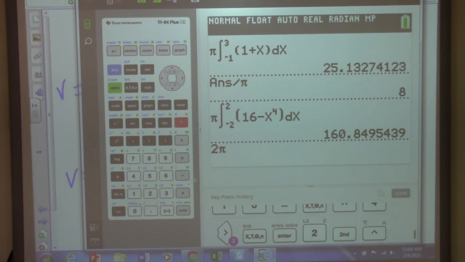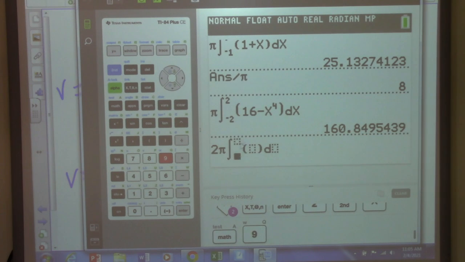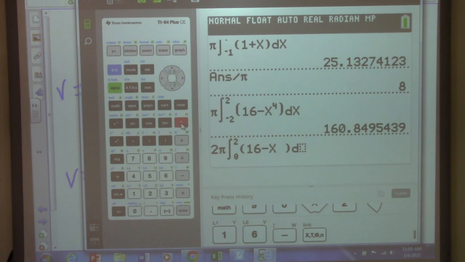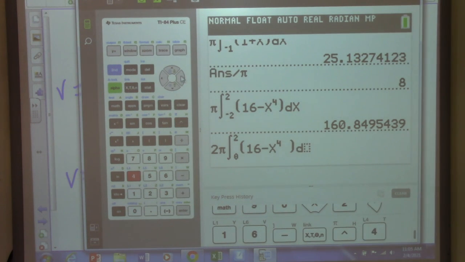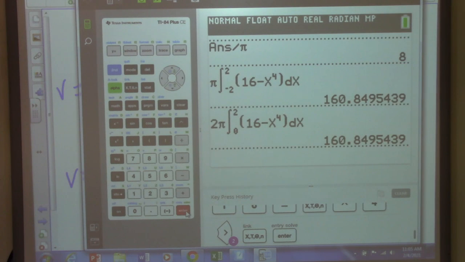It's kind of a way of checking your work too. Instead of going -2 to 2, we can just go 0 to 2. We should get the same thing if we have perfect symmetry here, right? 16 minus x to the 4th, dx, there we go. It should be the same. Is it the same? Yes, it is.